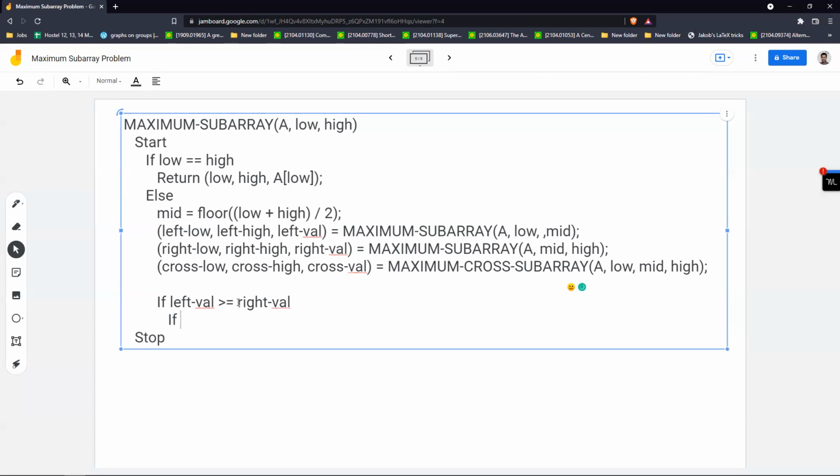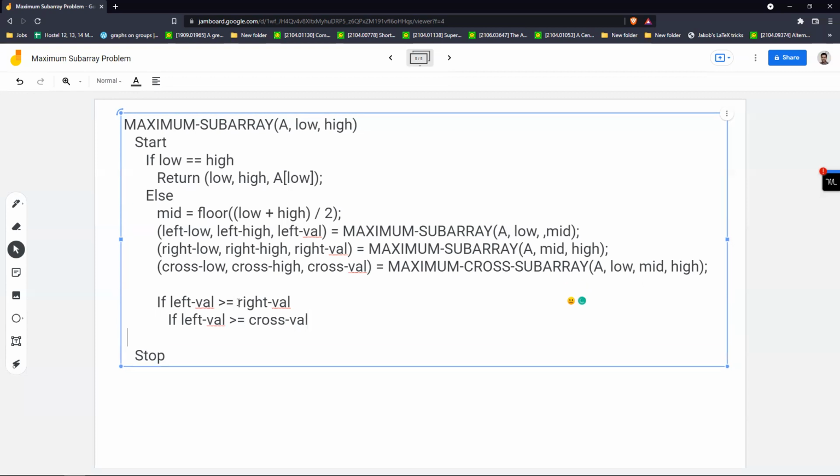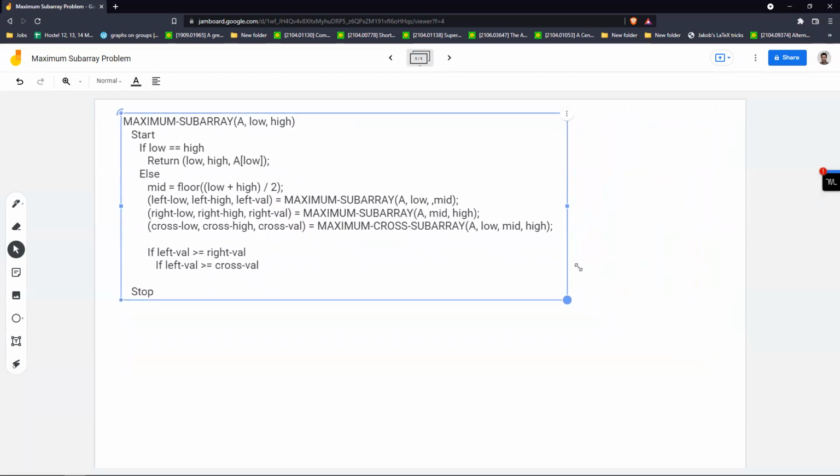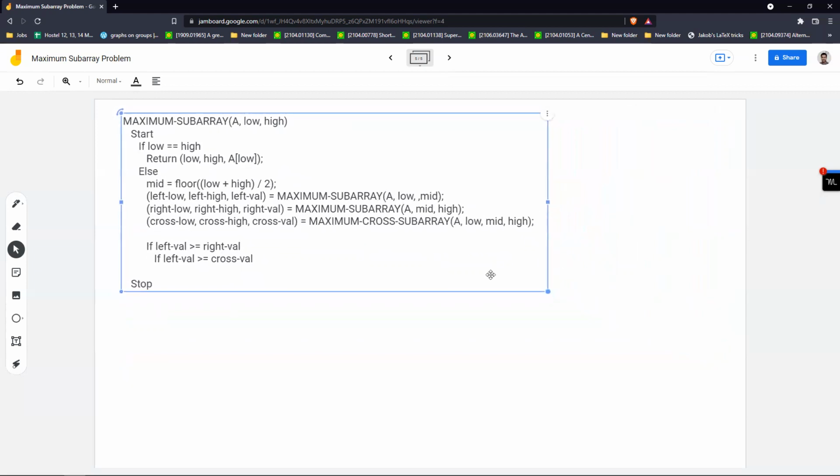If left val is also greater than or equal to cross val, I'll just make it smaller because I need more space. Okay, but I hope you can read this. If left val is also greater than or equal to cross val, then the left part has the maximum subarray. So you just return this: left low, left high, left val.